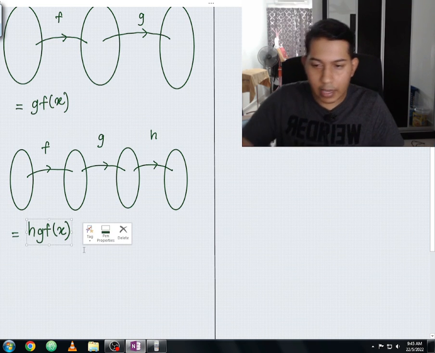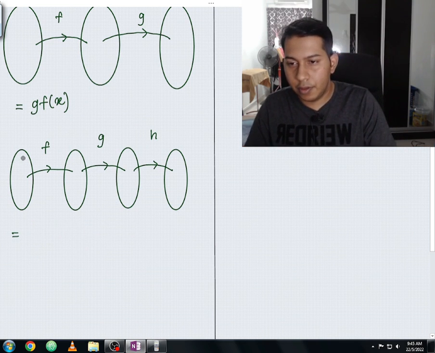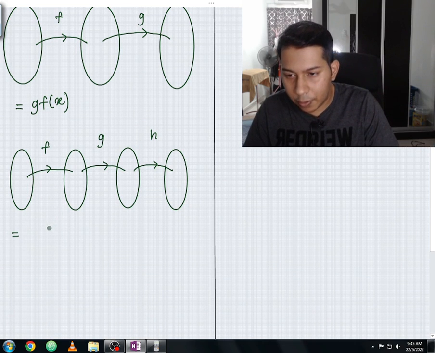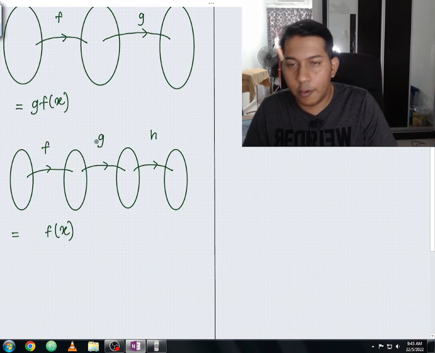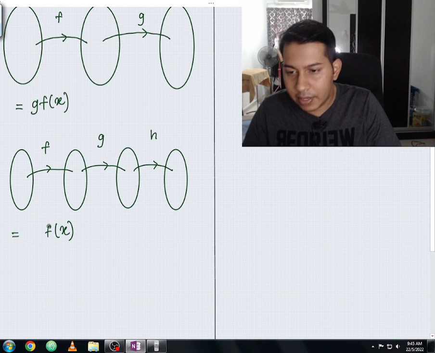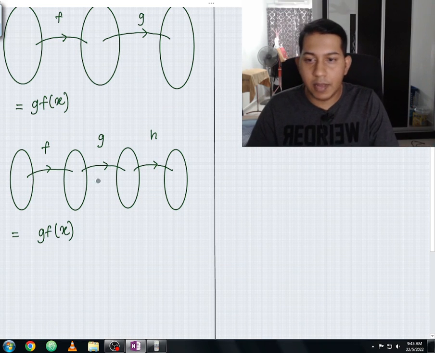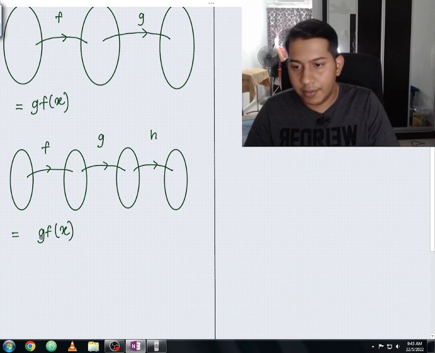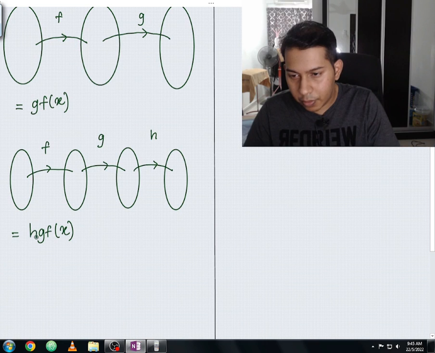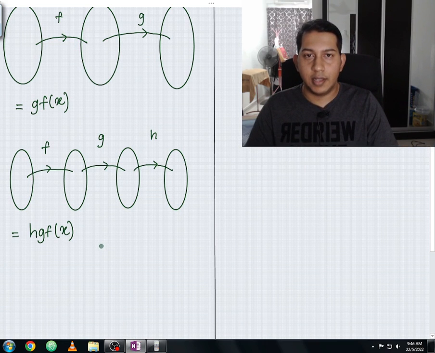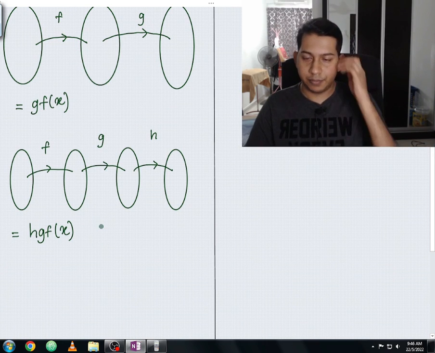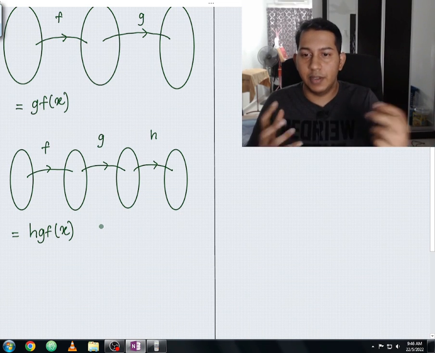You first come across f, so you write over here f(x), and then this f(x) will be carried forward into g(x), so you write g beside the left hand side of the f(x). Then the information of gf(x) will be carried into the function h, giving hgf(x). So this is how your composite function works, guys.